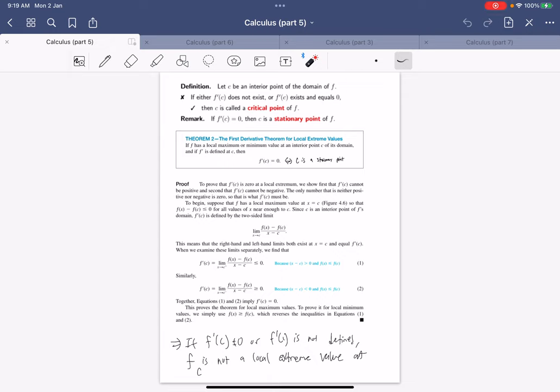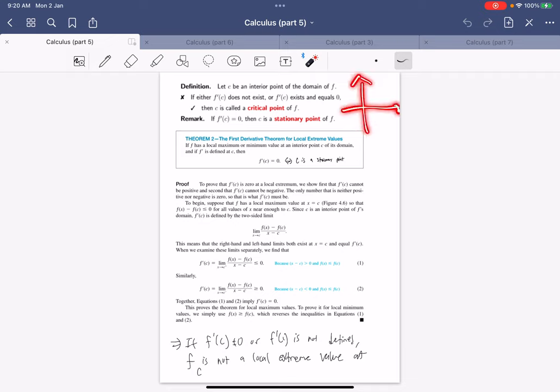So, to give some idea, we need to define this thing called a critical point. It's just a point where the derivative does not exist or equals 0. And if it equals 0, it is known as a stationary point. So all stationary points are critical points, but all critical points might not be stationary.